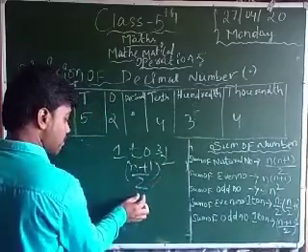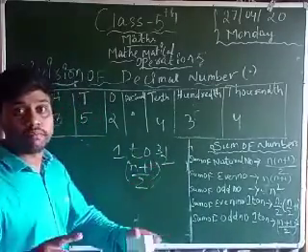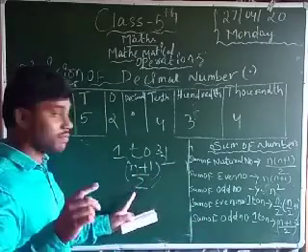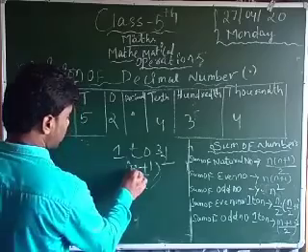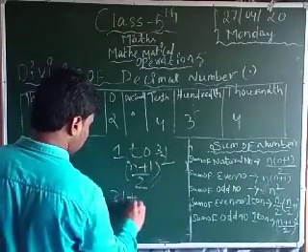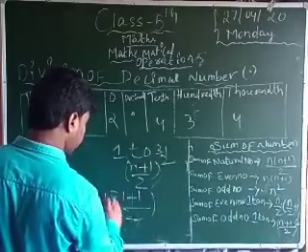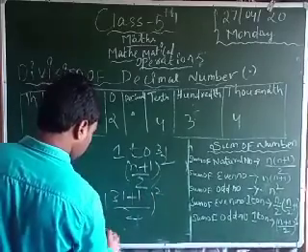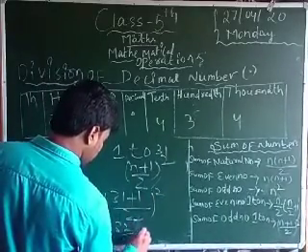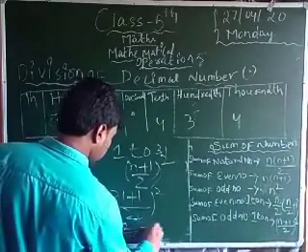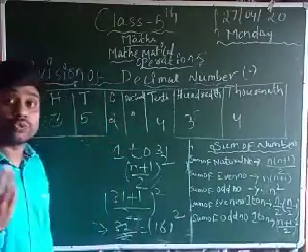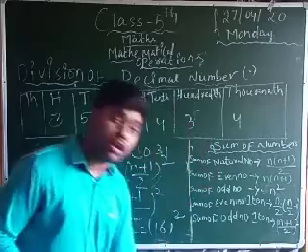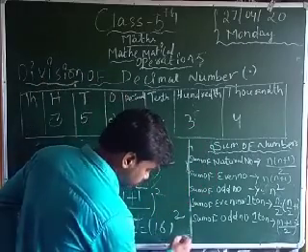For example, you take 31, plus 1 by 2. Here 32 by 2 is 16, and 16 square is 256.